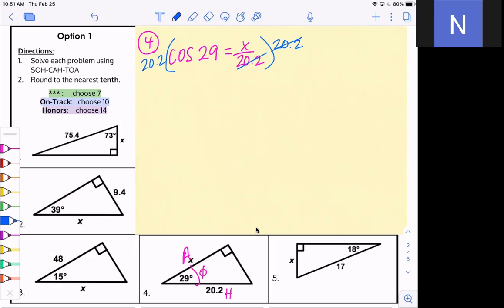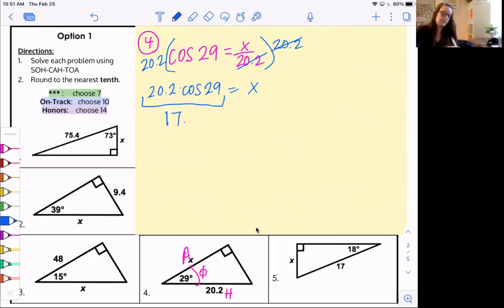So it's 20.2 times cosine 29 equals x. And then when I put it in decimals, I got 17.7. 17.7. Amazing. I love it. Great job, Noemi.